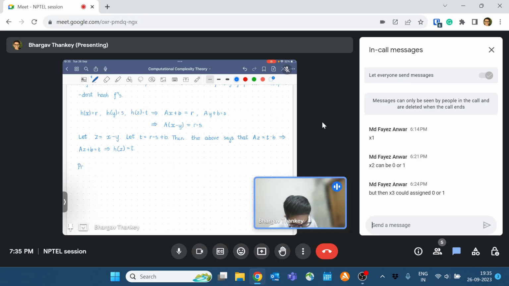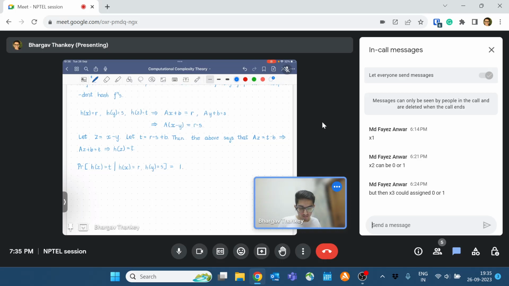Now, the probability of H_Z equals T given H_X equals R and H_Y equals S. So what is this? This is 1, right? If my X, Y, and Z were defined as we have defined them above, then this probability would be 1, right?